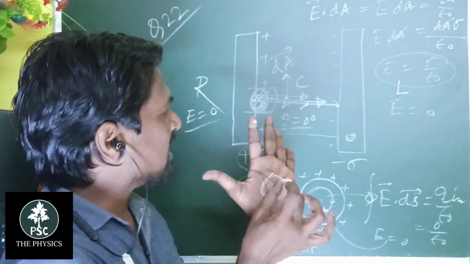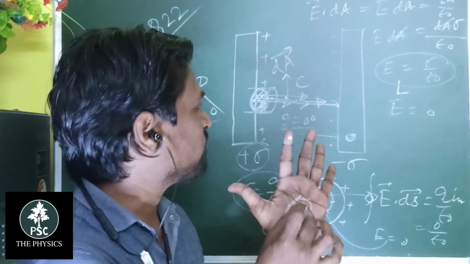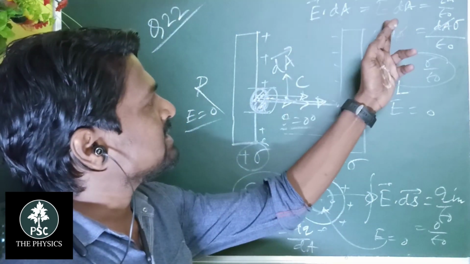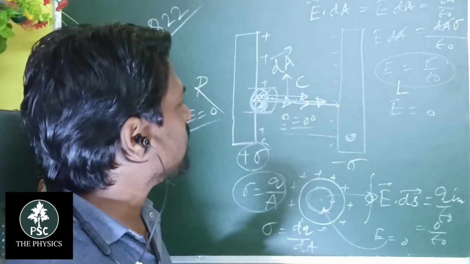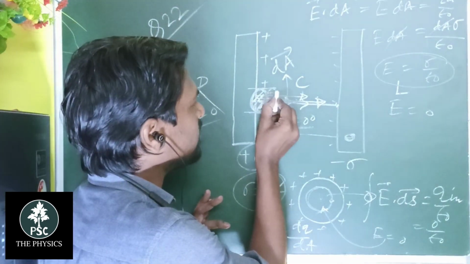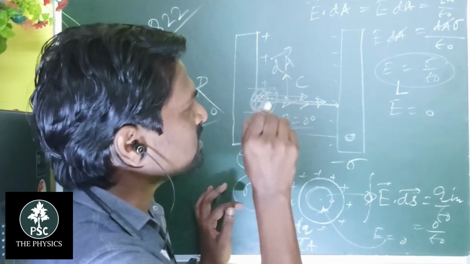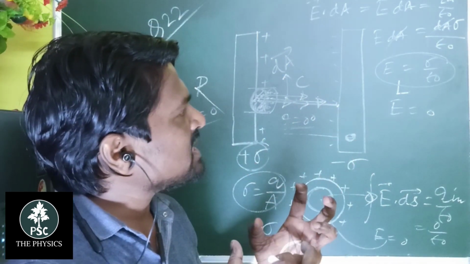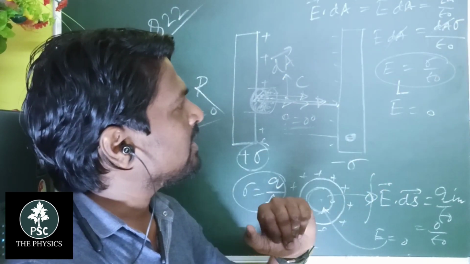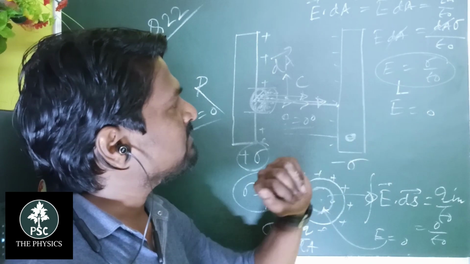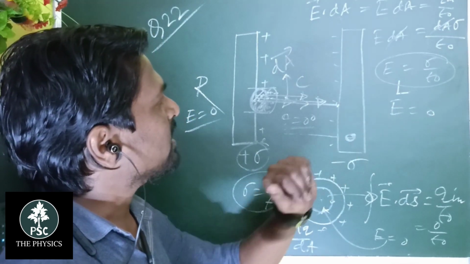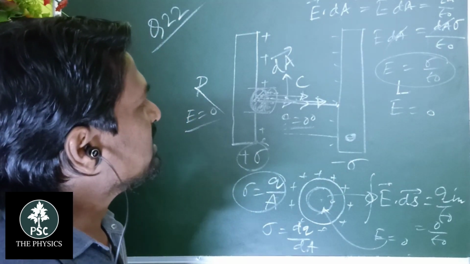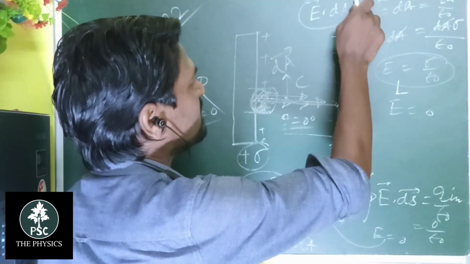So there is a flux linked with that surface. What is the amount of flux linked? It is EdA equals Q inside by epsilon naught. But what is the amount of charge within this surface? It is a small amount of charge, dA into sigma. So dA cancels, and the electric field equals this by this. So it is the definition of flux.